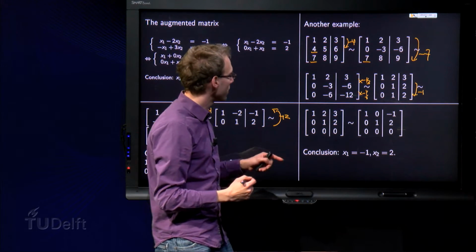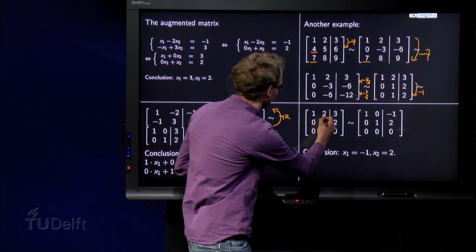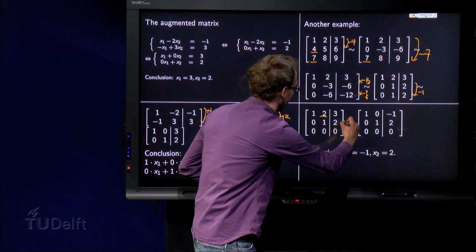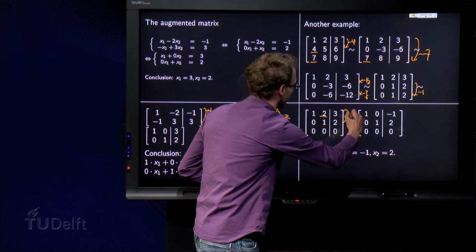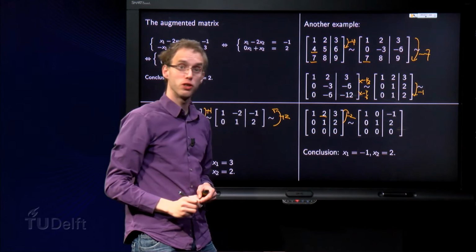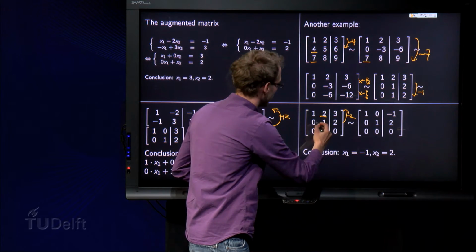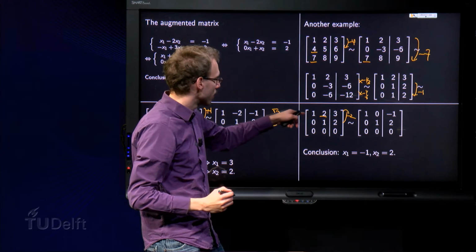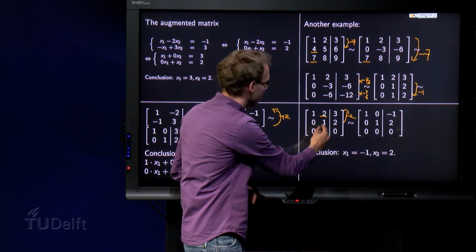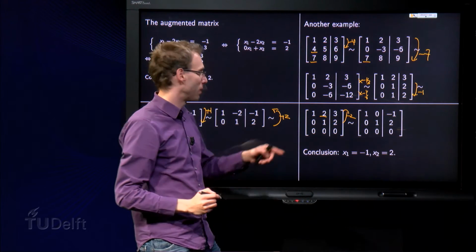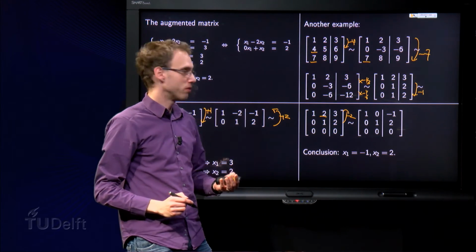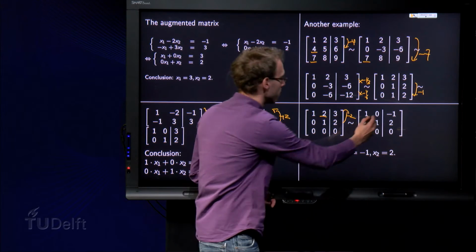And then we go on a bit. We want to have a 0 over here too. We can take care of that by adding the second row minus 2 times to the first row. We get minus 2 times 0 equals 0, plus 1 equals 1, minus 2 times 1 equals minus 2, plus 2 equals 0, and minus 2 times 2 equals minus 4, plus 3 equals minus 1.